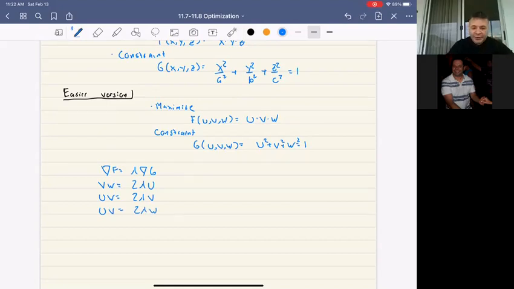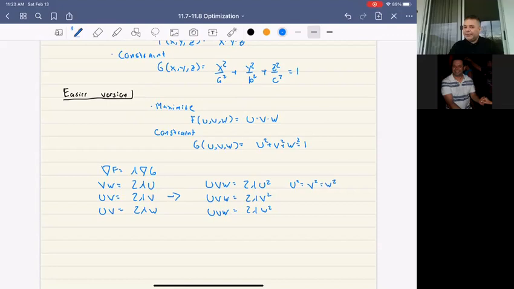Let's multiply this by u, this by v, this by w. So u squared equals v squared equals w squared.